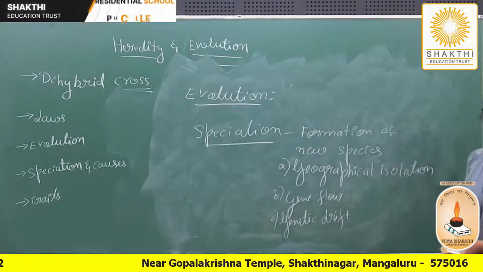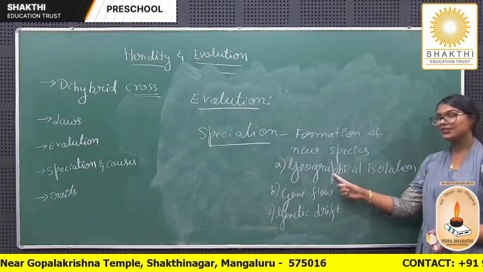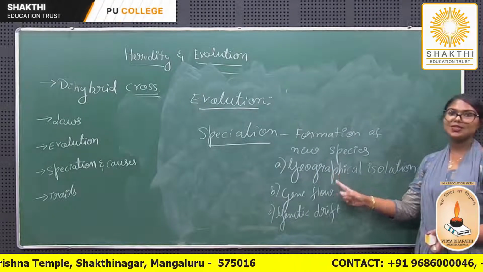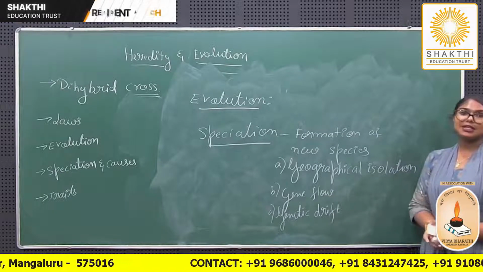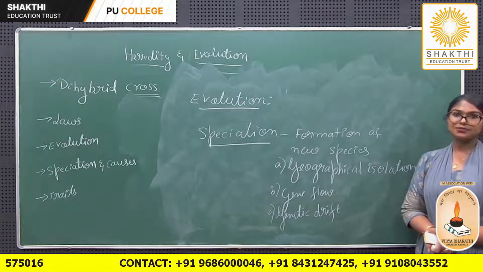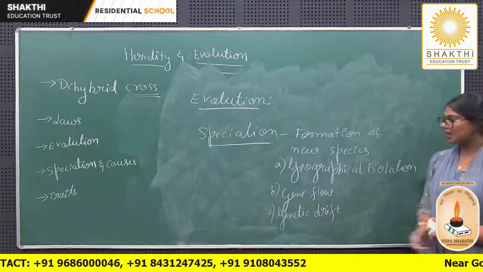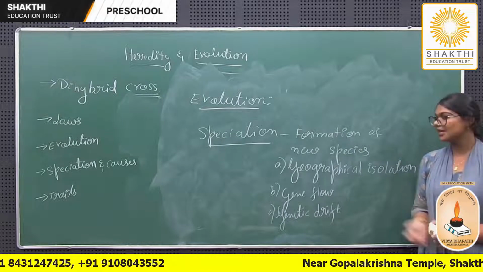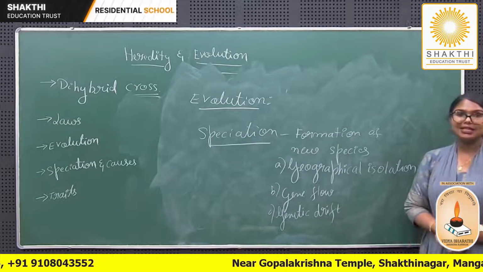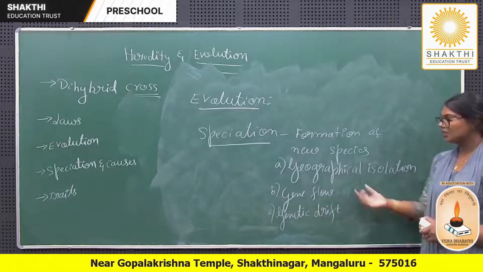So we have 3 reasons for the formation of new species. Quickly explain why these are called the factors for formation of new species. You need not study them in detail, but in case you have some doubts, we'll quickly go through it.